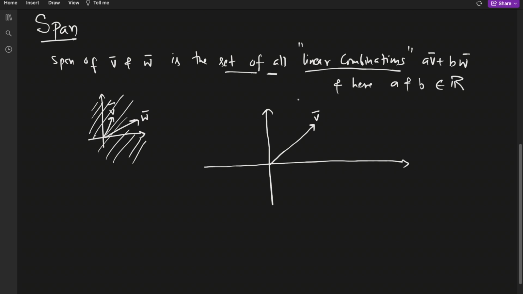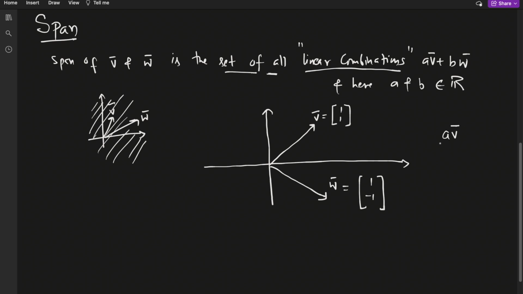Let us suppose this vector v is 1 comma 1, and let us suppose we have another vector here which is w, and let us suppose this is 1 comma minus 1. Okay, now we will first see what av means graphically.